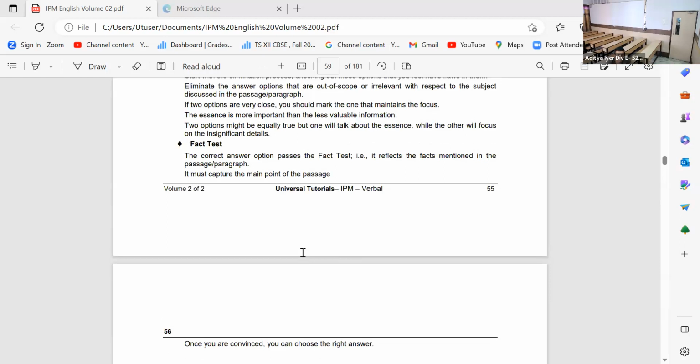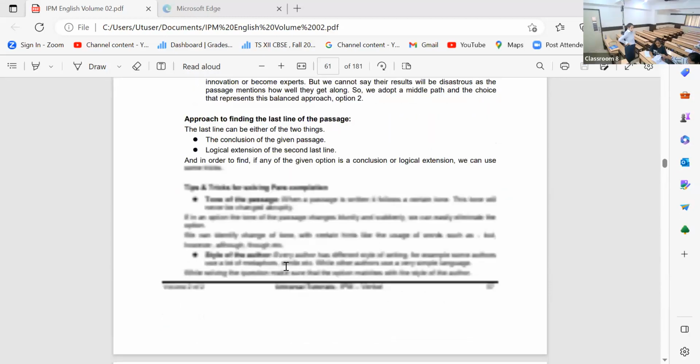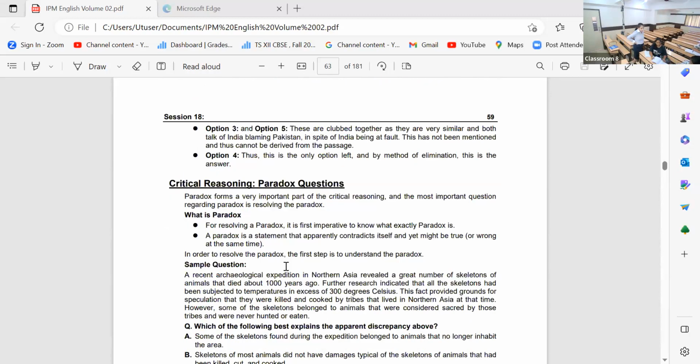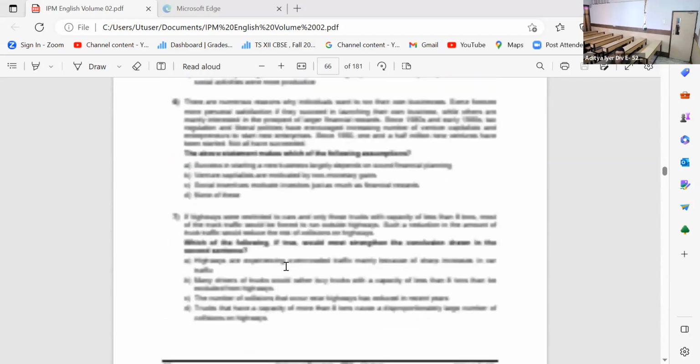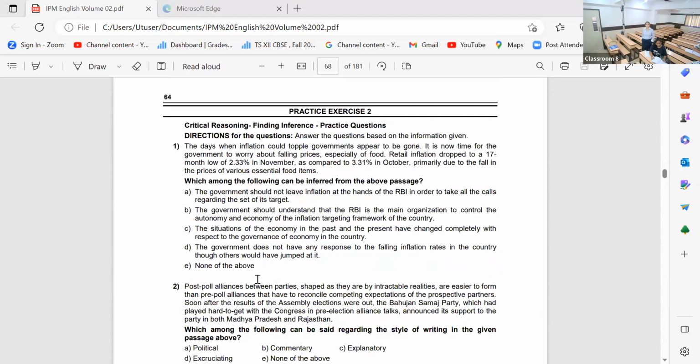Page 64, right? Are you getting it? So 64 is your finding inference. Again, it is derived from the premise or conclusion or both. That is what we discussed today.